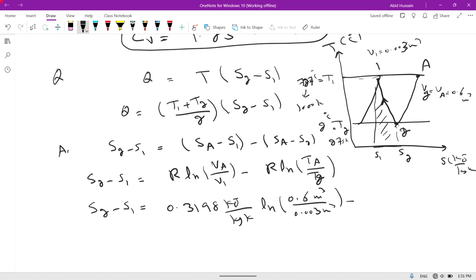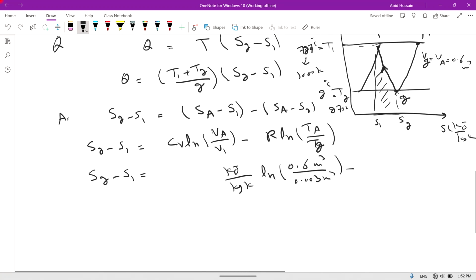Minus R. The value of R is, per constant volume, this is CV, not R. So CV is equal to, I checked, CV is equal to 1.23, minus R is equal to 0.3198 natural log of TA divided by T2.